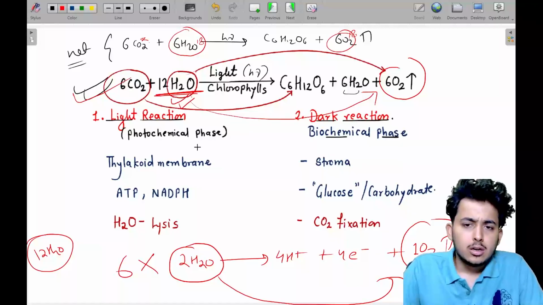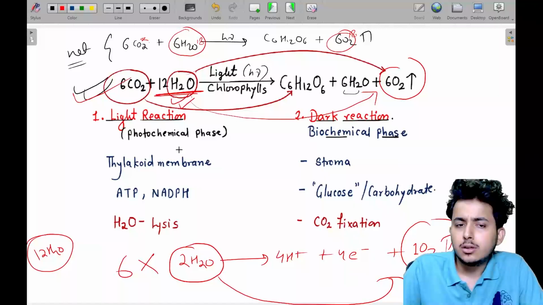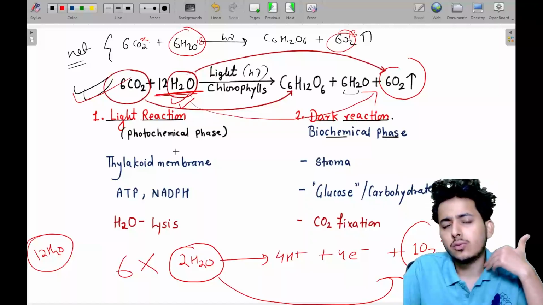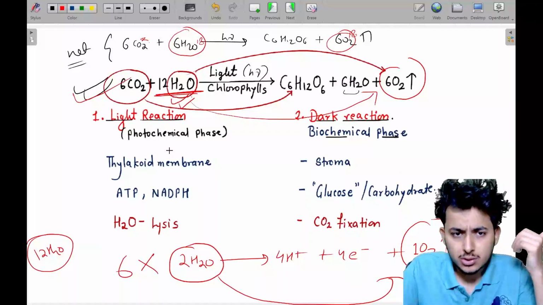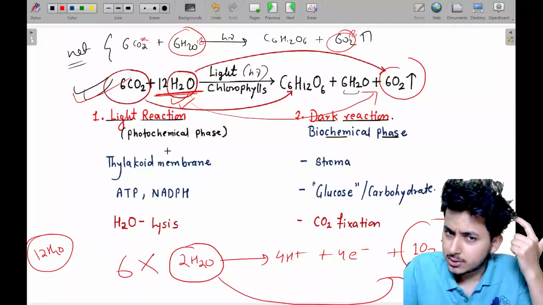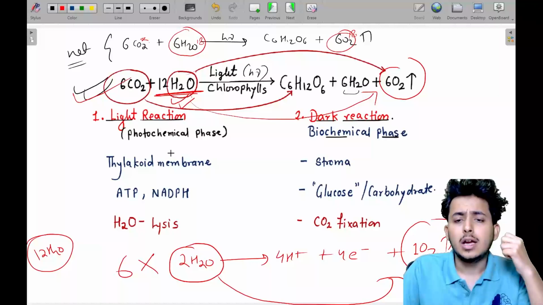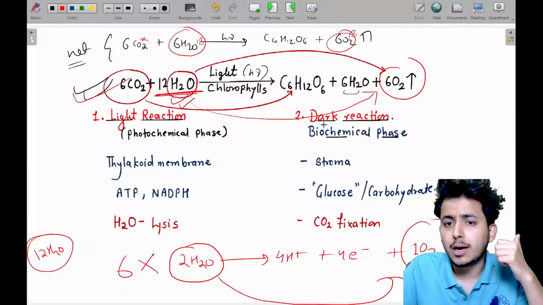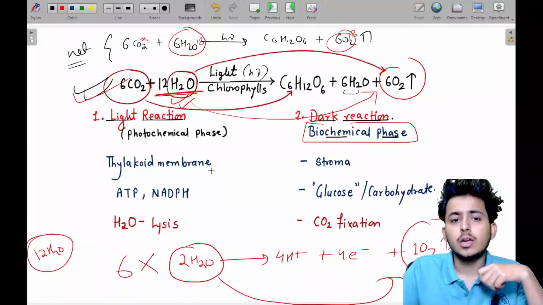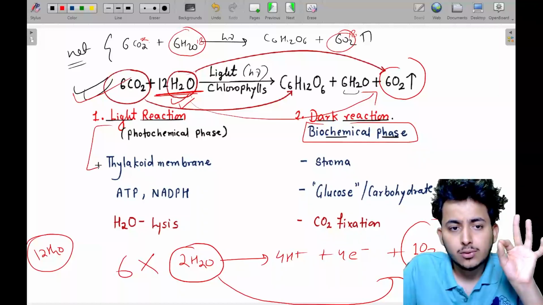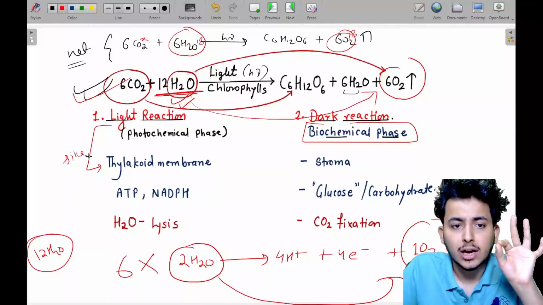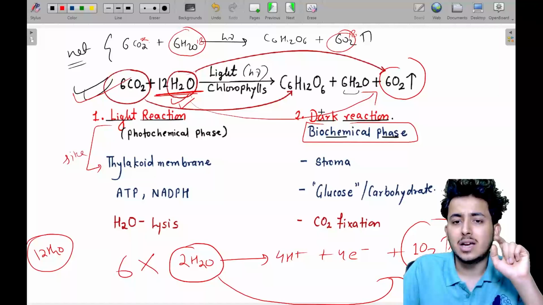Then, as I told you, we have two different sorts of reactions in photosynthesis: one is the light reaction, another is the dark reaction. The light reaction is called the photochemical phase, and the dark reaction is also known as the biochemical phase. The site of the light reaction is the thylakoid membrane, and the site of the dark reaction is the stroma.